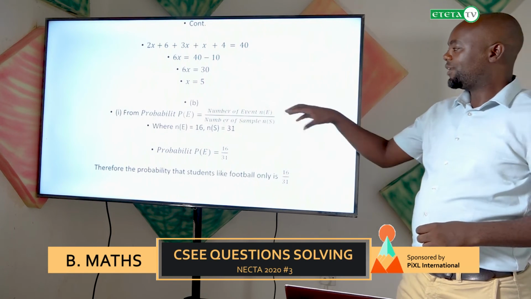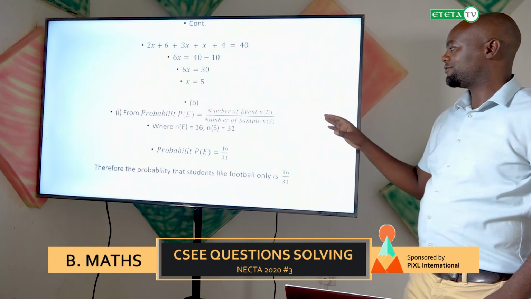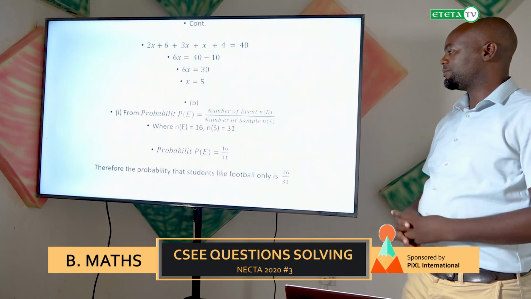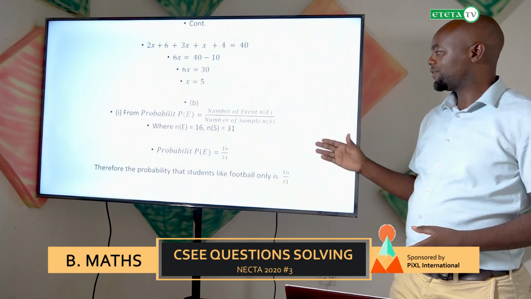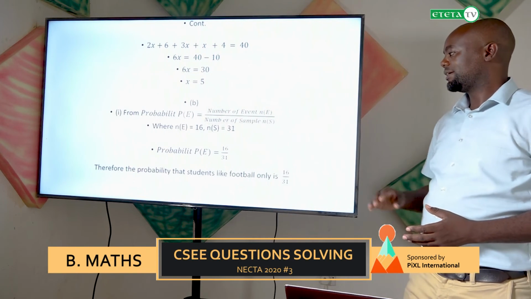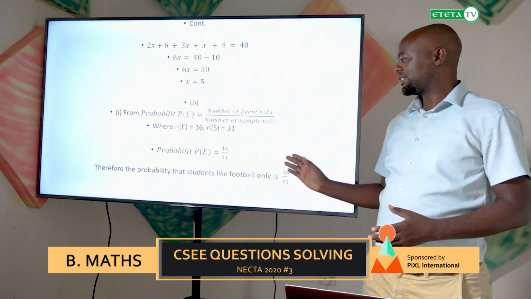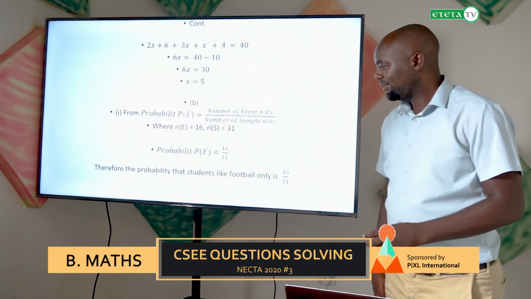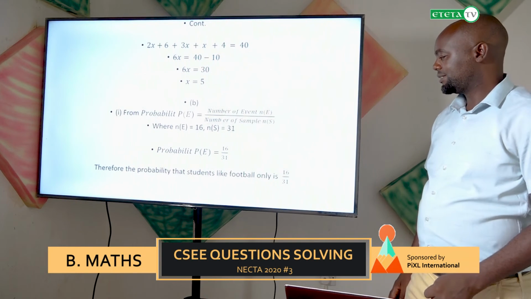When you substitute the values which have been given here, you have the probability of an event is equal to the number of events over the number of sample space. Now we have the number of events equal to 16, and the number of sample space 31. Now the probability of the event is equal to 16 over 31. That is how you can get the probability of an event.